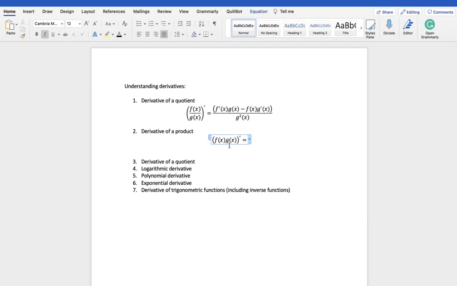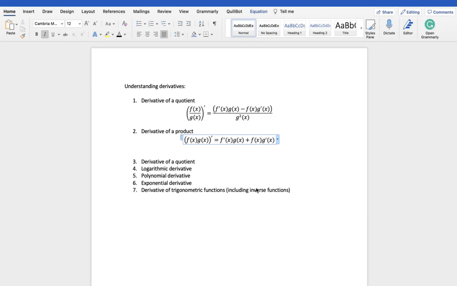So if you have f of x multiplied by g of x, the product of two functions, the rule tells us that this is equal to the derivative of the first function, f of x in our case, multiplied by the second function, plus the first function multiplied by the derivative of the second function.